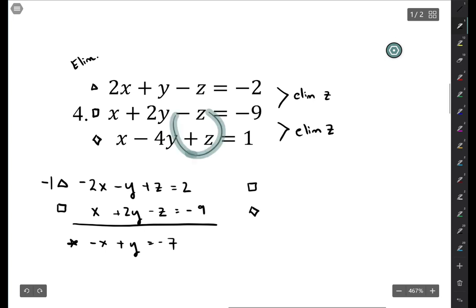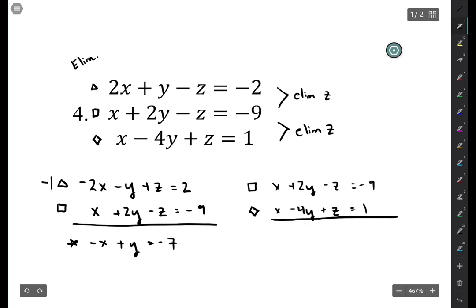I'll still write it out here just to make it look nice. We're almost done. The z's will cancel. 2x minus 2y equals -8. And I'll label this one circle, since I haven't used circle yet.